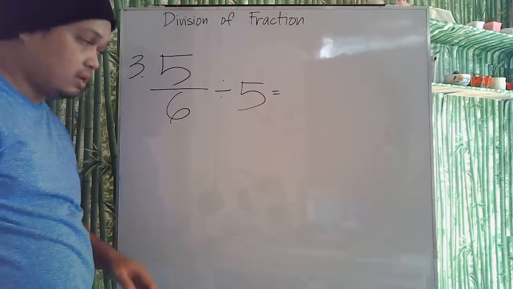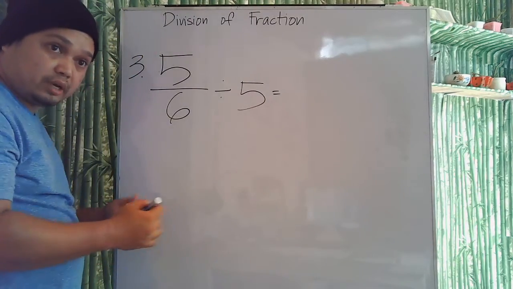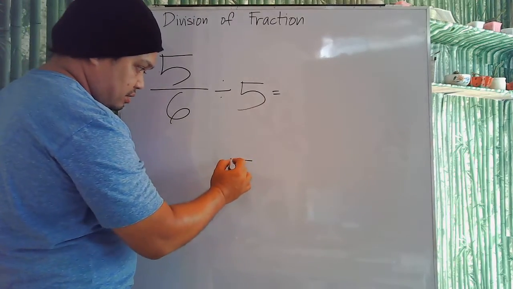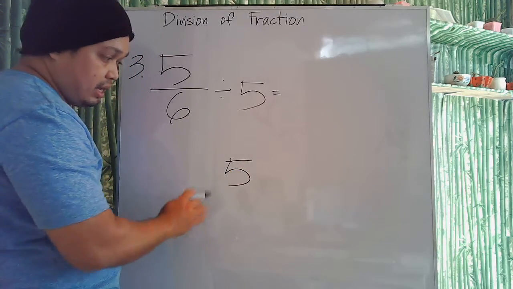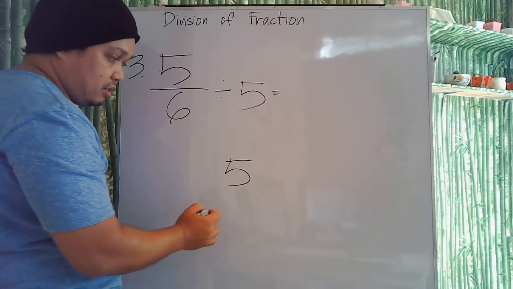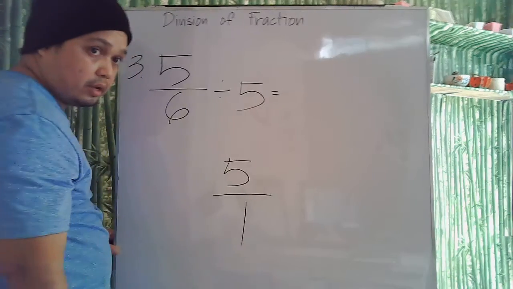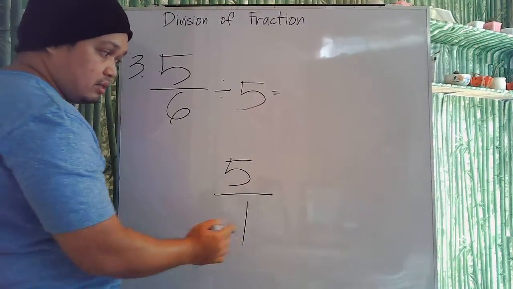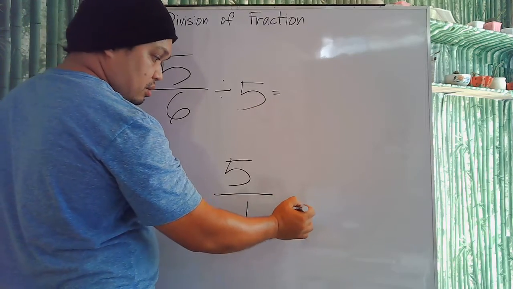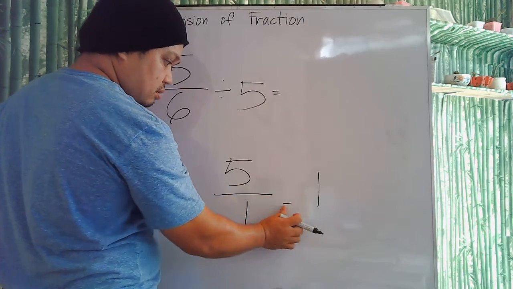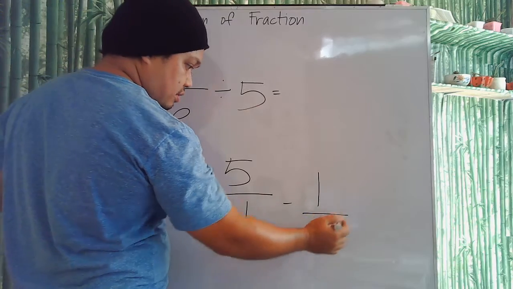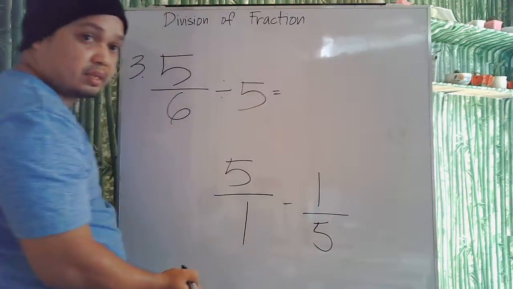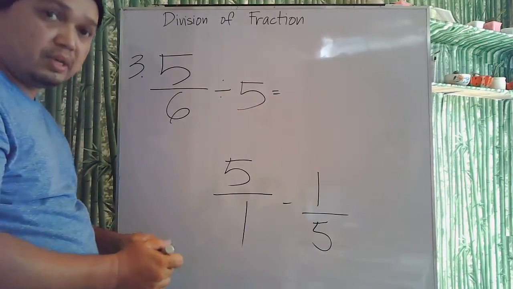We are going to reciprocate 5. 5 is a whole number, and the fractional form of 5 is 5/1. And the reciprocal of 5/1 is simply 1/5. That is the reciprocal.